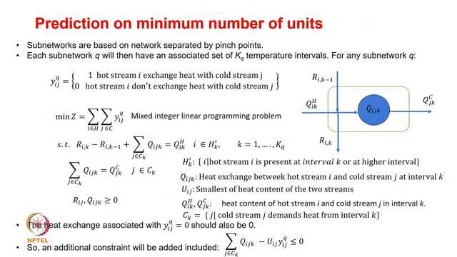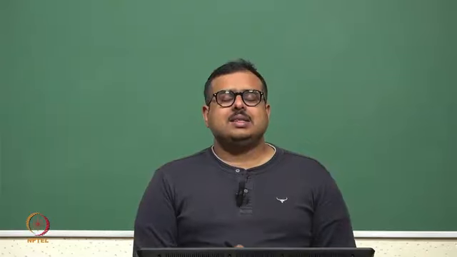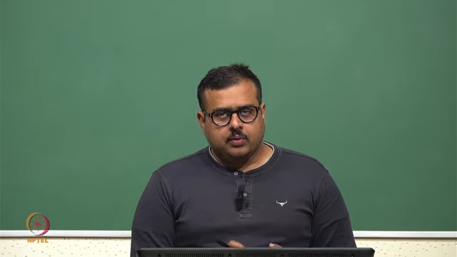Now we will look at the problem of the minimum number of units. We are interested in having a minimum number of connections, so that your network is fairly more compact.